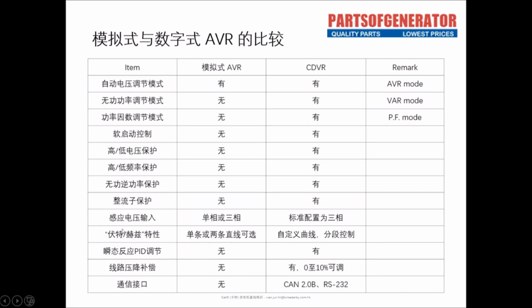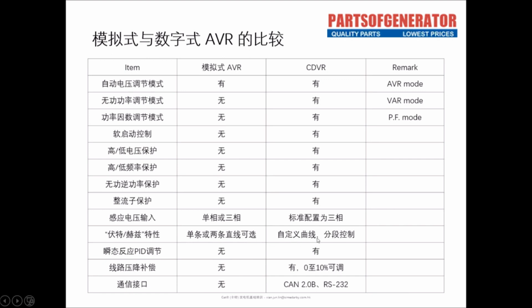But the digital ones can do it. And then there is the inductive voltage input. The analog ones will be divided into single-phase inductive input and three-phase inductive input. But if it is a CDVR, all of them are three-phase inductive input.